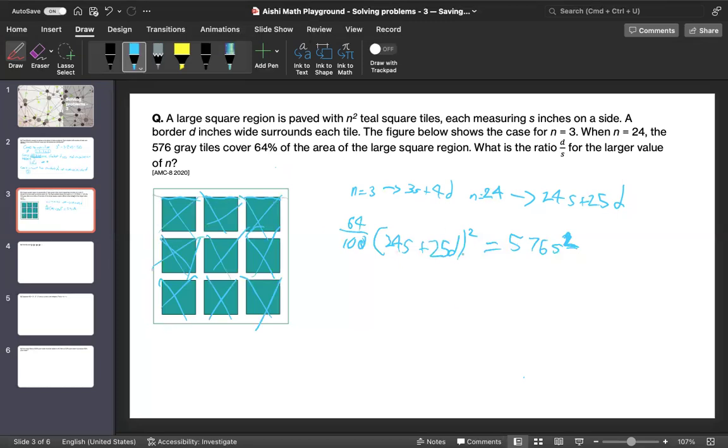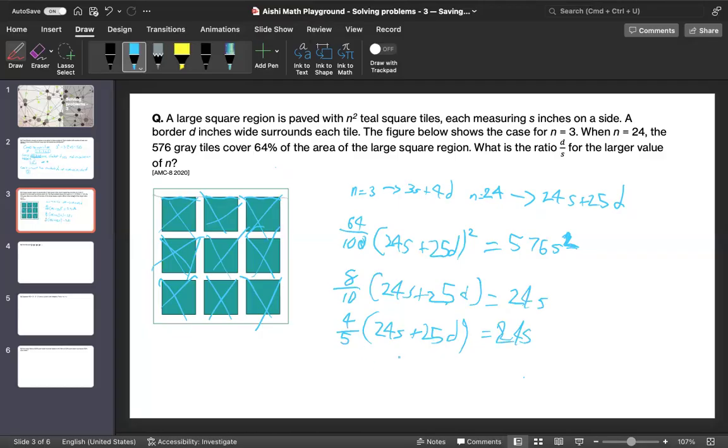Alright, so let's square root on both sides. We get 8 by 10 times 24s plus 25d is equal to 24s. So let's simplify this fraction. 4 by 5 times 24s plus 25d is equal to 24s.